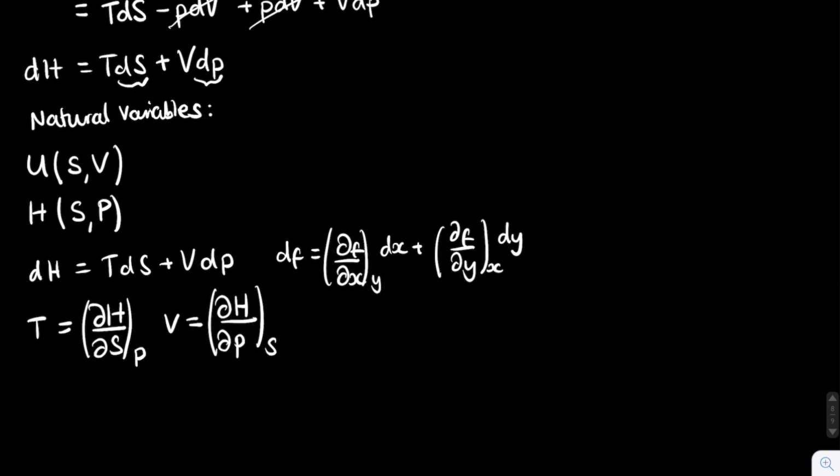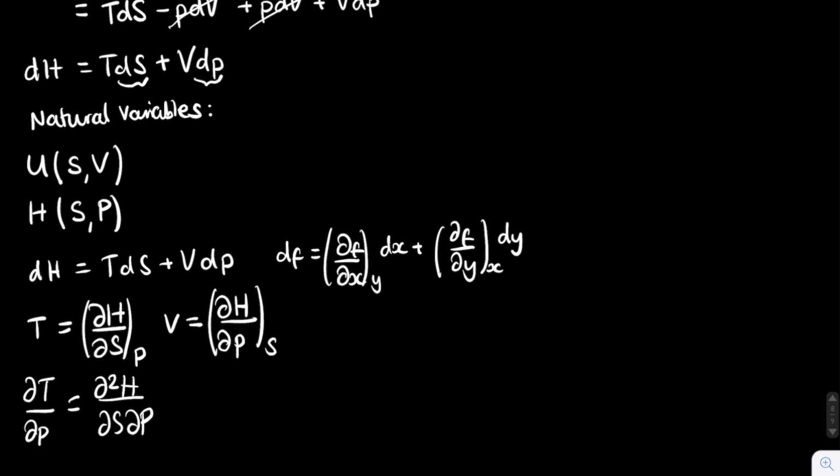Now what am I going to do? I'm going to differentiate these terms again. So what is the derivative of T with respect to P, keeping entropy constant? I want to do this cross derivative thing. I'm going to differentiate T with respect to pressure. So dT by dP is therefore equal to d2H by dS dP.